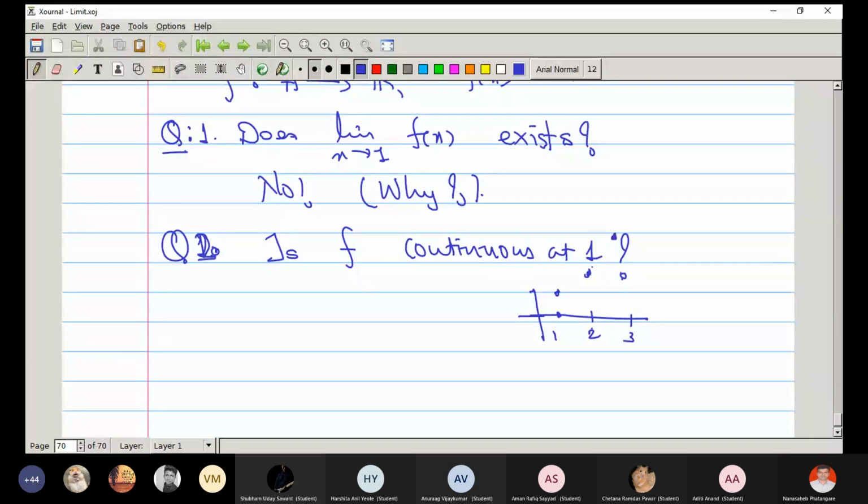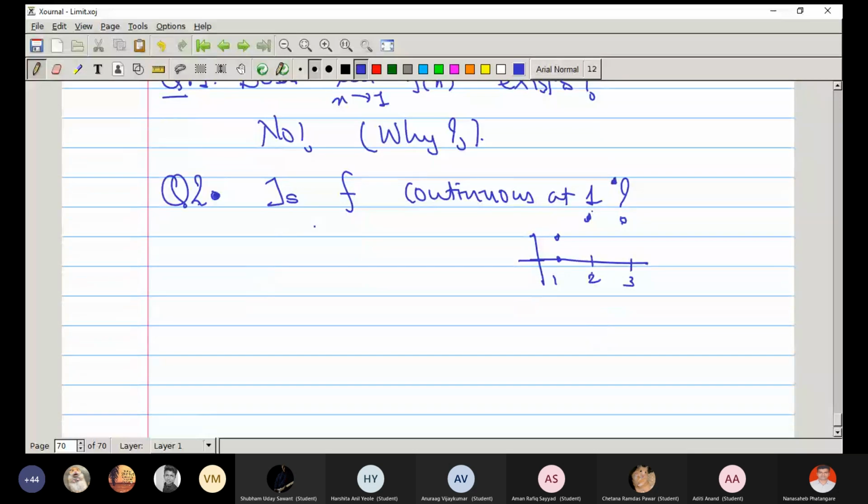Anybody else? Is f continuous at 1? So I think somebody, Aditi, said no, but the answer is yes.